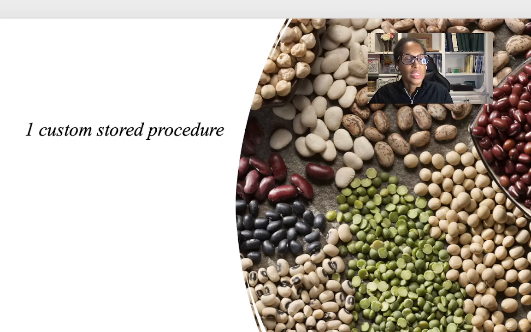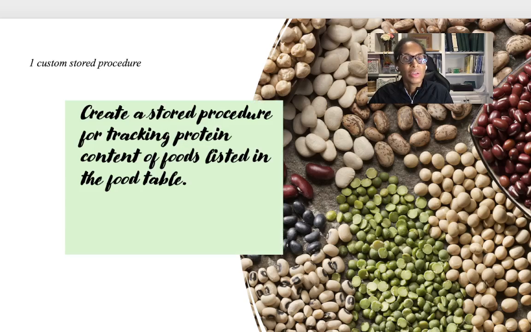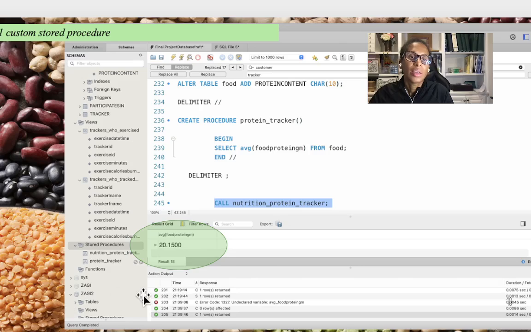We also did stored procedures. We created one to track protein contents of food listed in our table. We created a procedure, we began and we ended, and we found out that we had an average of 20.15 grams of protein.